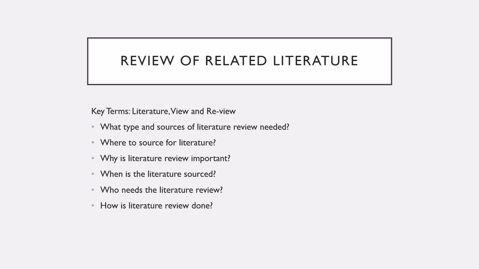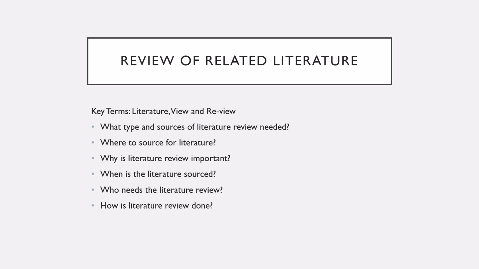Okay? We are looking at the practical examples of using the 5 W's and H techniques for generating vital research ideas or in research writing. What type and sources of literature review do we need? What type? You look at literature related to the topic you have at hand.